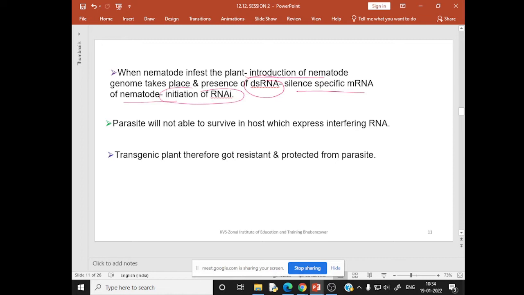The parasite will not be able to survive in a host which expresses interfering RNA.